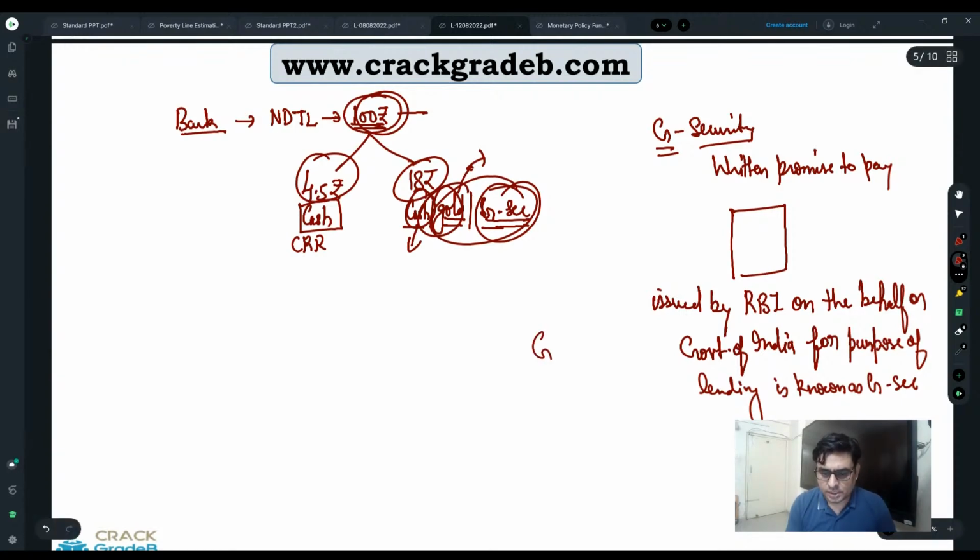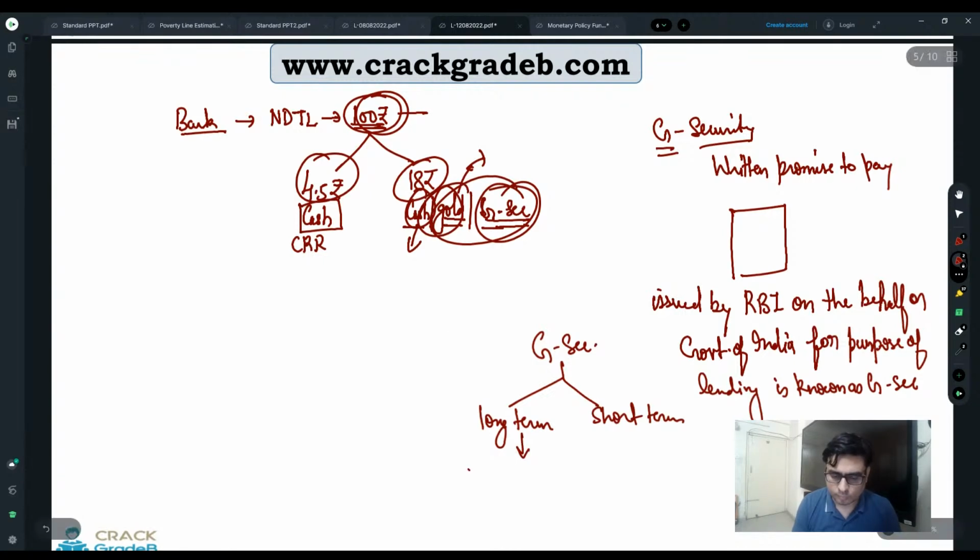Now these G-Secs, that is government securities, are of two types: long term and short term. Long term is from 1 year up to 40 years.